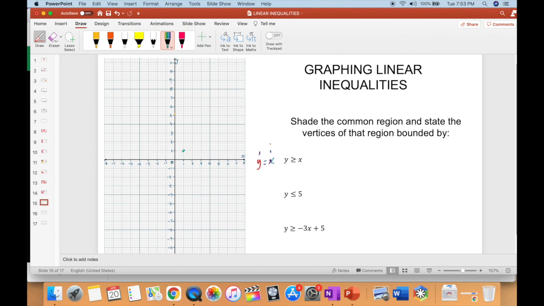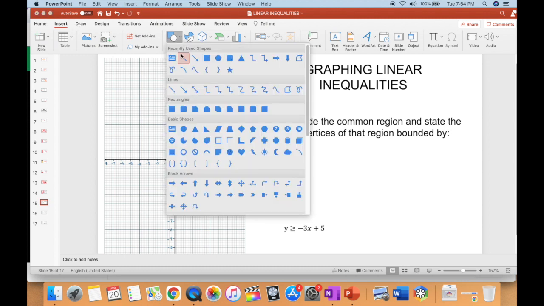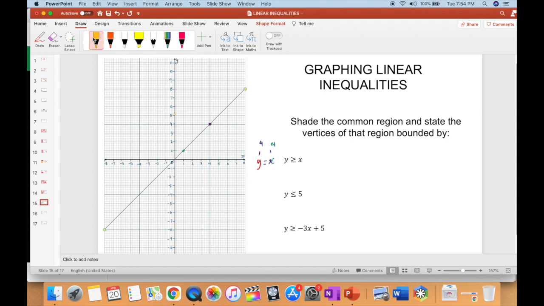And then we could choose when x is 4, y will also be 4 because y is equal to x. So 4 on the x, 4 on the y gives us that. And let me see if I could draw an accurate line this time. So I'll use the line drawing tool if I could find it. Insert a line. So that there is the line y is equal to x.